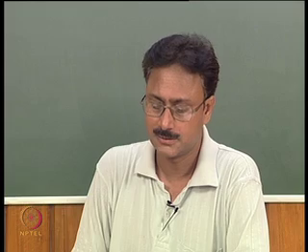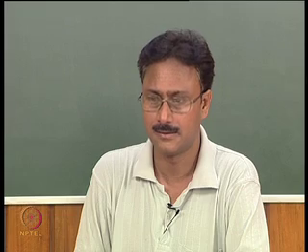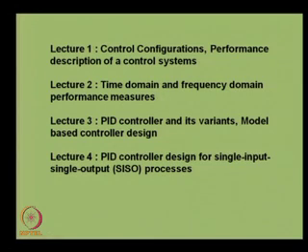One of the controllers which is quite often used in process industries is the PID controller. Its full form is proportional integral derivative controller. In lecture 3, we shall study in detail the different types of PID controller and its variants.